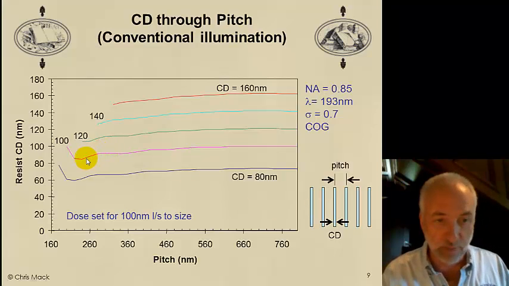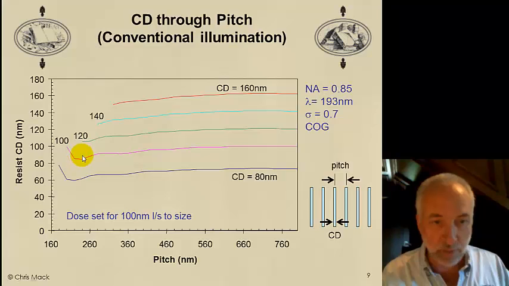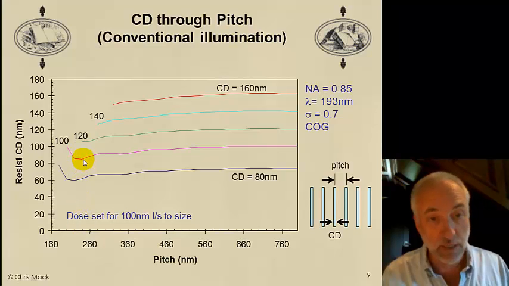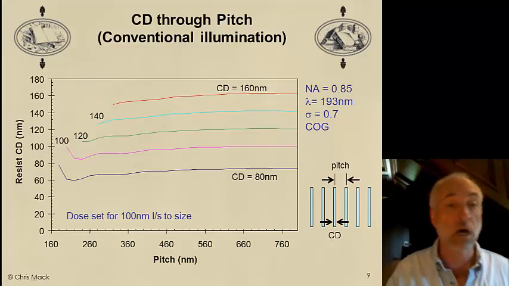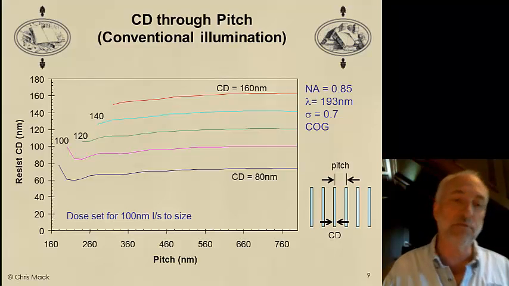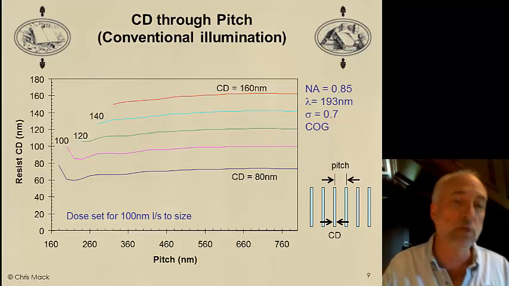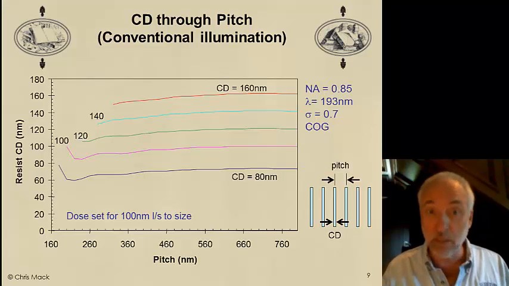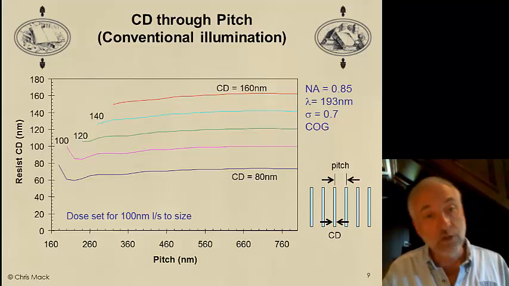So, for example, if at a 250 nanometer pitch I'm 15 nanometers too small on the resist, I might increase the size on the mask by, well, probably not 15, maybe 12 nanometers or some number, which I determine empirically to get the correct CD.